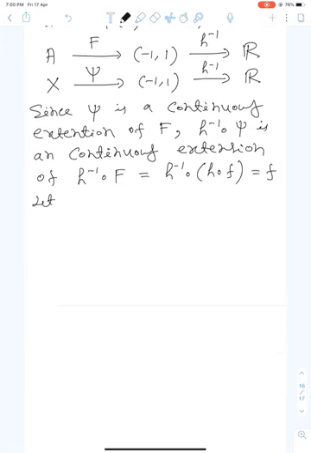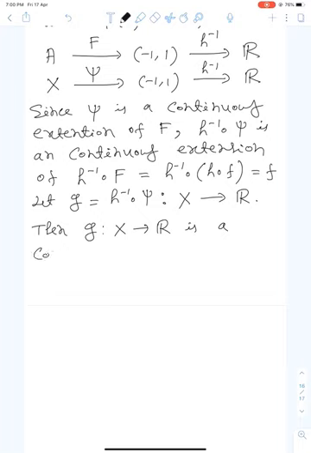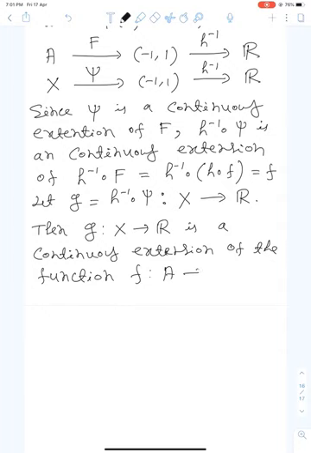Now let g equal that function, that is H inverse composed with psi, which is a function from X to R. So therefore g from X to R is a continuous extension of the function f from A to R. Okay, so this completes the proof. So we are done. So I stop here.